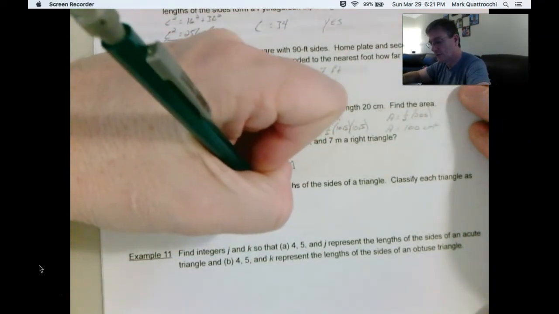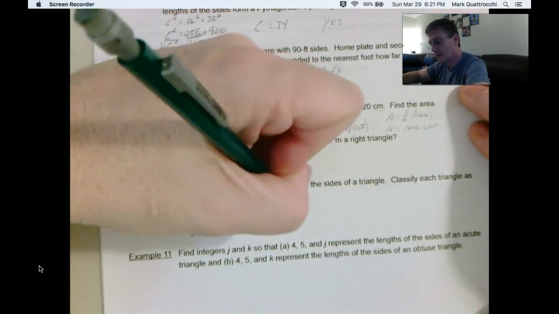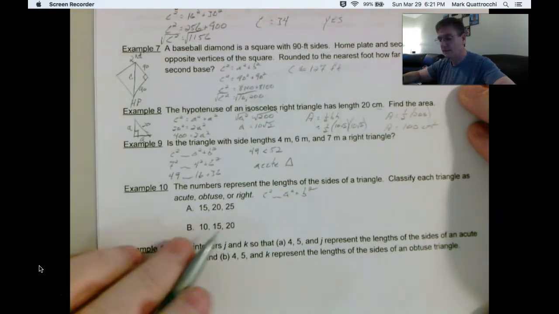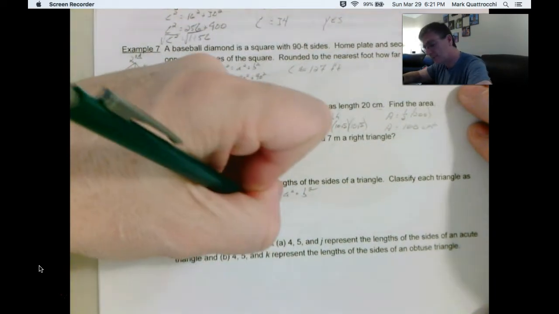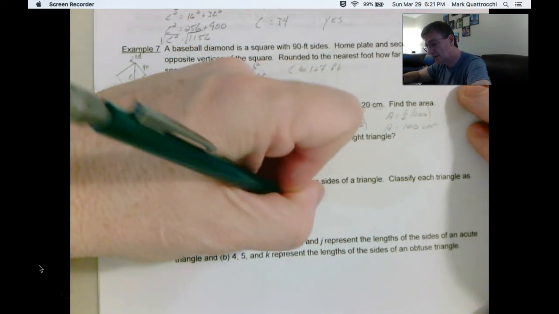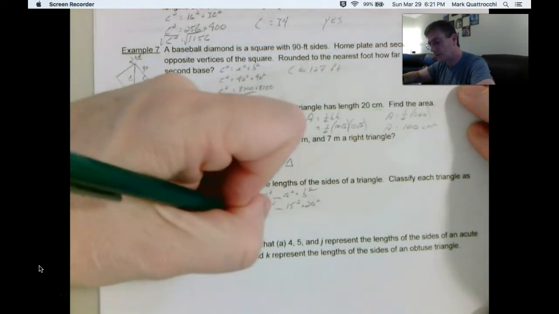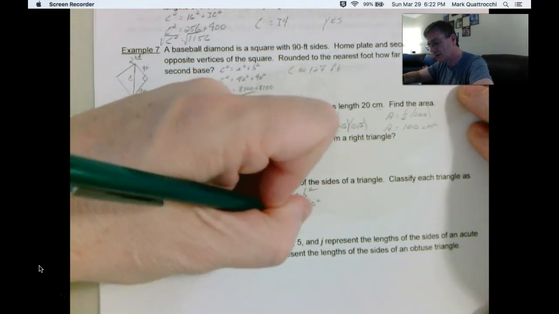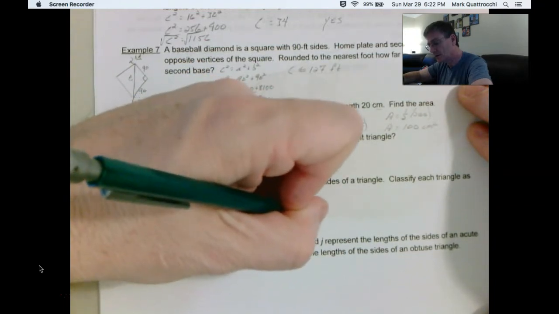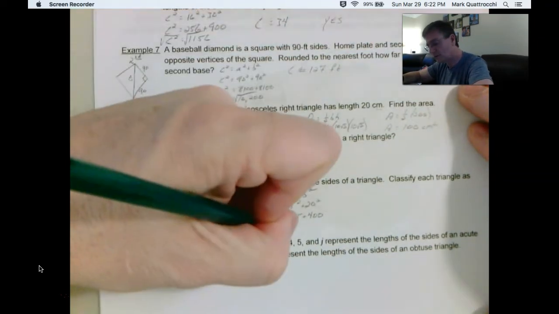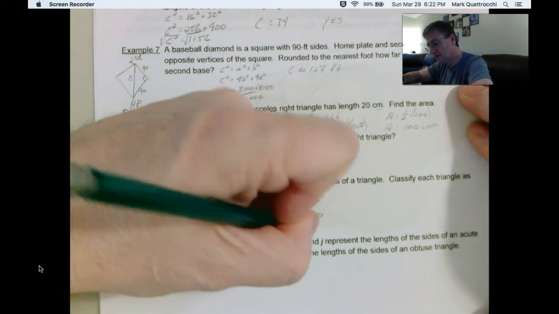I'm going to do c squared blank a squared plus b squared. C is being replaced with the 25. 25 squared blank 15 squared plus 20 squared. 625 blank 225 plus 400. 625 equals 625.